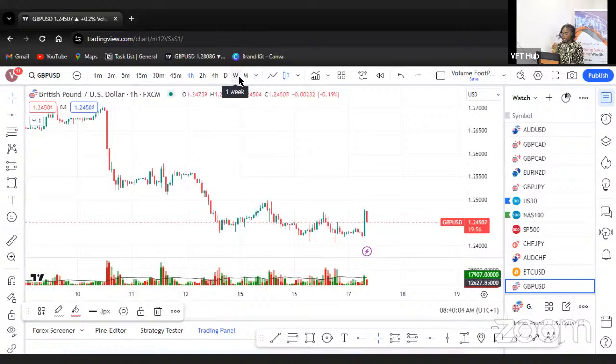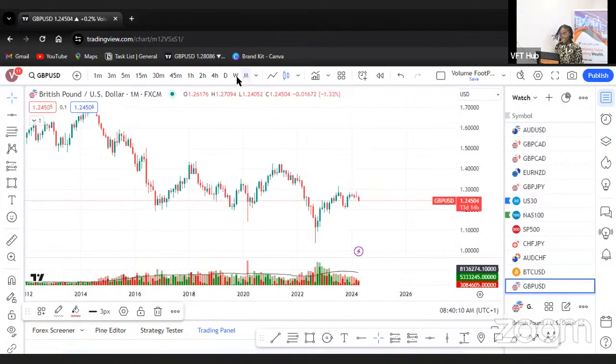Down to our Pound USD, GBP USD. Monthly time frame, clearly bearish. There's no mincing words. Price is clearly bearish on the monthly time frame.